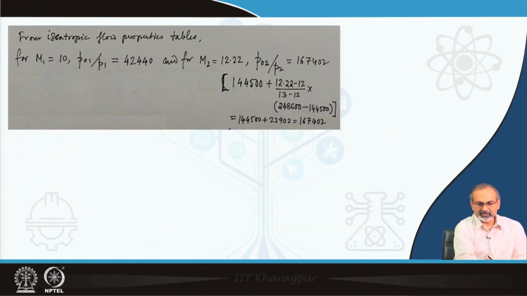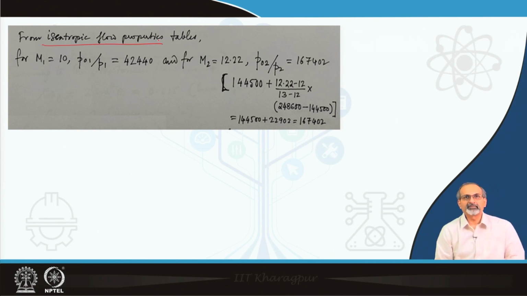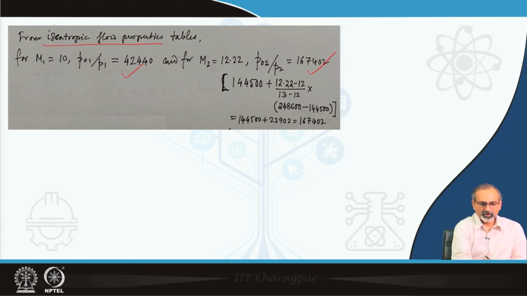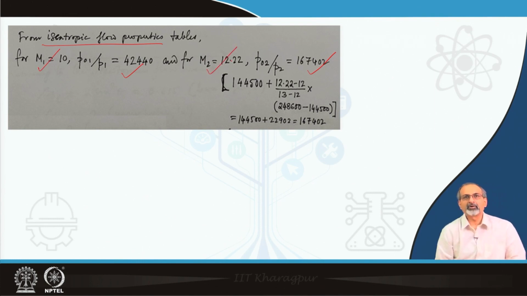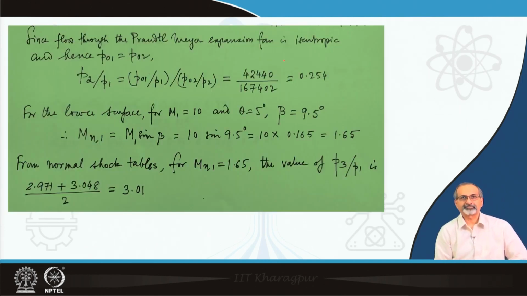Now, we go to the isentropic flow property tables, and we can read the tables to obtain the values of the stagnation pressure to static pressure ratio for upstream Mach number 10 and downstream Mach number of 12.22, and we end up getting the static pressures here in the denominators, which we would ultimately need.